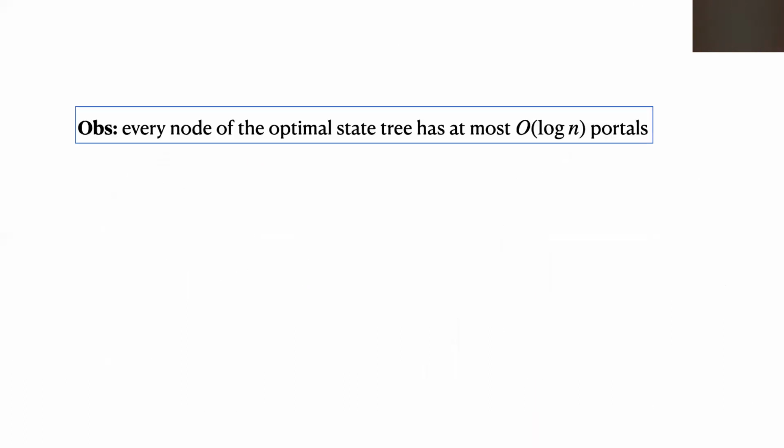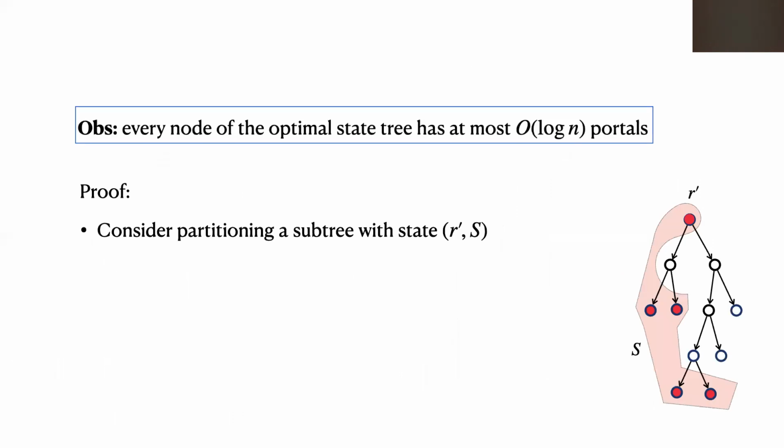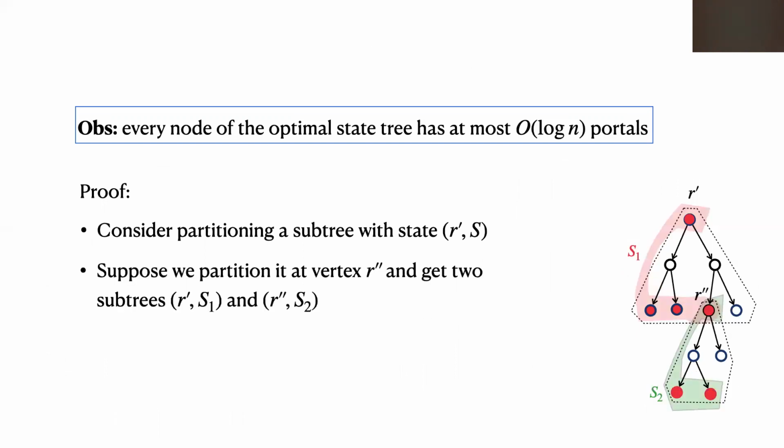A crucial observation on the state node is that the largest portal set in the optimal state tree is of size order log n. To see this, consider partitioning a subtree with state (R', S), which just corresponds to a subtree rooted at R' with portal set S. And suppose we break it at vertex R'', which means we will introduce one new portal.